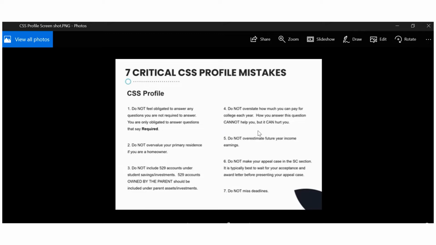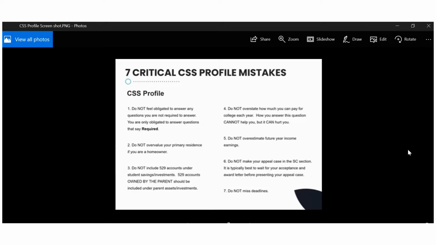Do not overstate how much money you can pay for college each year. You want to be honest, but you do not want to overestimate. How you answer this question cannot help you, but it can hurt you.